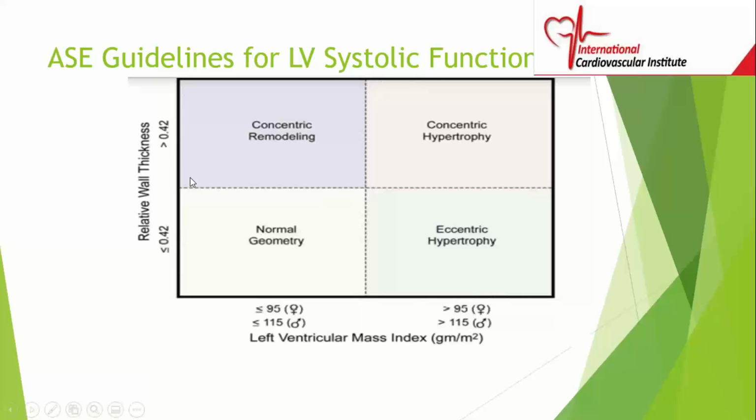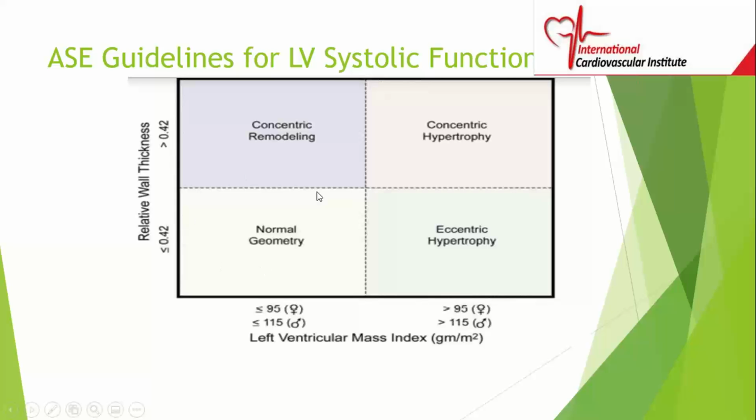So a normal individual, which we call normal geometry, if the patient is a female, then the mass will be less than or equal to 95 grams per meter squared, and the relative wall thickness will be less than 0.42.